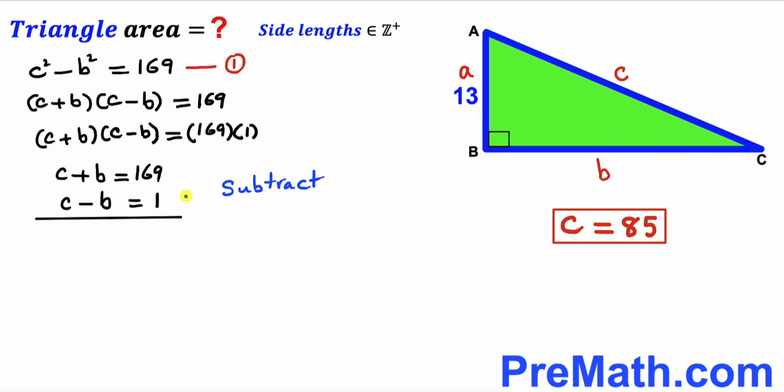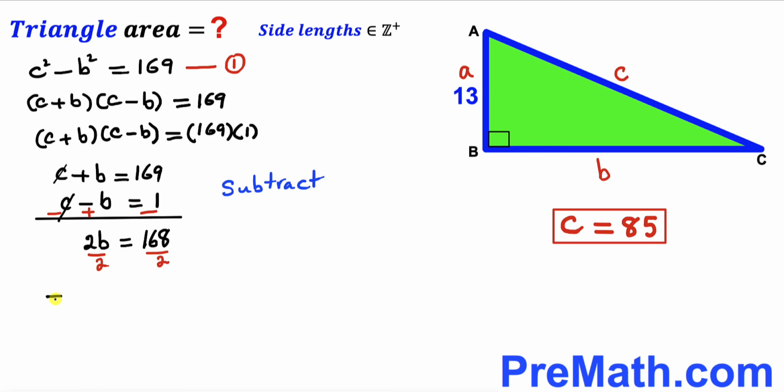In this next step, I am going to subtract the second equation from the first one. We are going to switch the signs, so positive becomes negative and negative becomes positive. We can see this positive c and negative c are gone. So we end up with 2 times b equals 168. Now I'm going to divide both sides by 2 to isolate b.